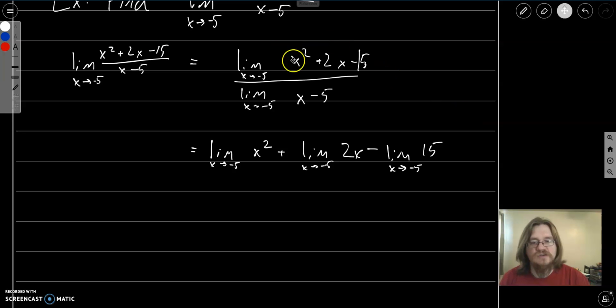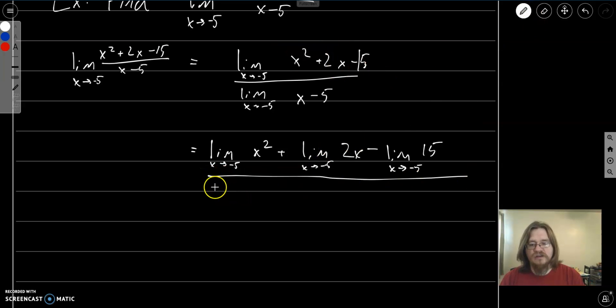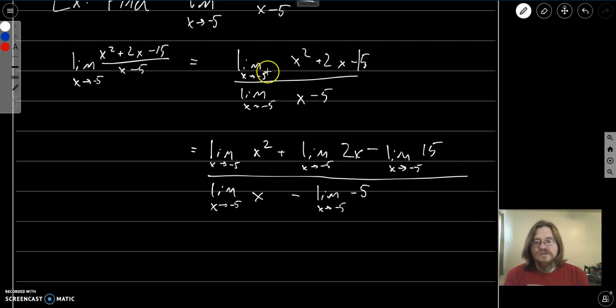Okay, so that's all three terms on the top of the fraction, and I want to divide all of this by the limit as x approaches negative 5 of x, minus the limit as x approaches negative 5 of 5. So for this first equality, I used L5, which is about division.